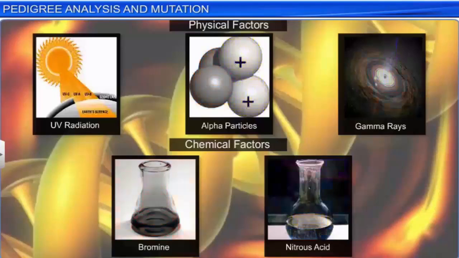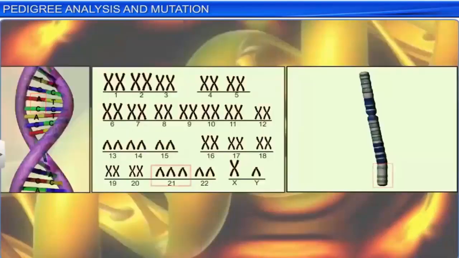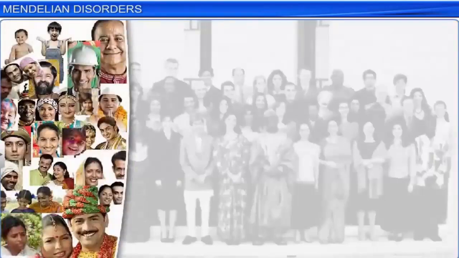UV radiation, gamma rays, alpha particles, bromine and nitrous acid, are some mutagens that cause changes in the genetic structure. Therefore, mutations in genes and chromosomes lead to several disorders, and the inheritance pattern of these disorders can be studied through pedigree analysis. All of us are carriers of potentially hazardous genes.